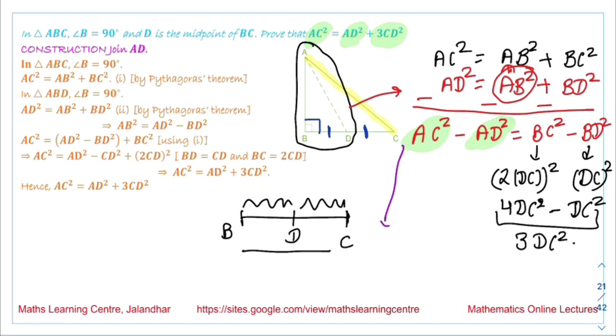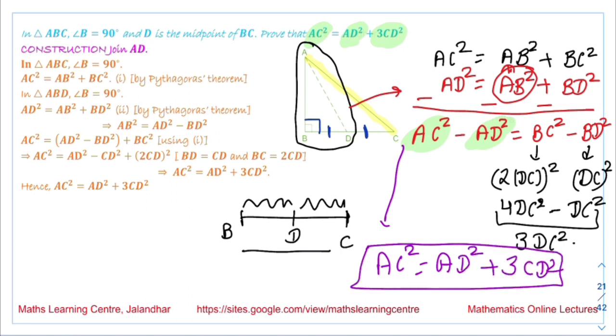So the final answer that we will get is AC square equal to AD square plus 3 times CD square, and this is what we have to prove. This is the final answer that we will get.